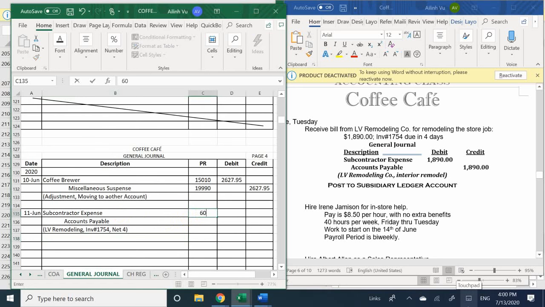And accounts payable is 20,000. And they're asking for $1890.